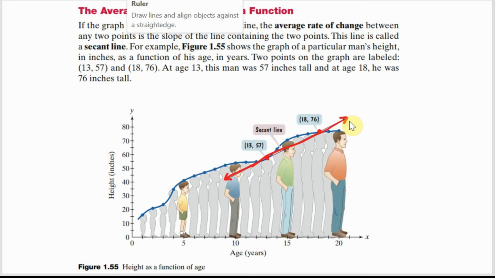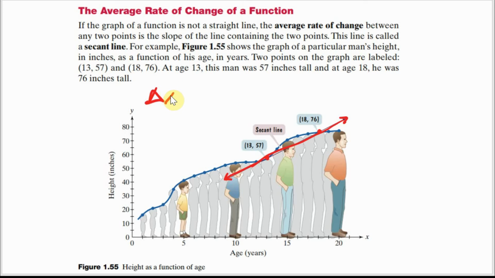And the reason why they use the terminology of secant is that the goal is to reduce the difference in this change of x. Does that imply also the change of y? Well, that's why we have calculus to investigate that.